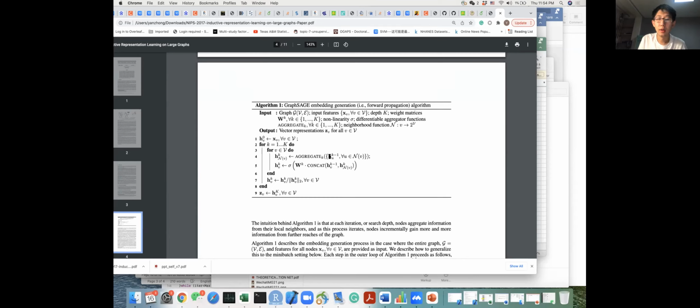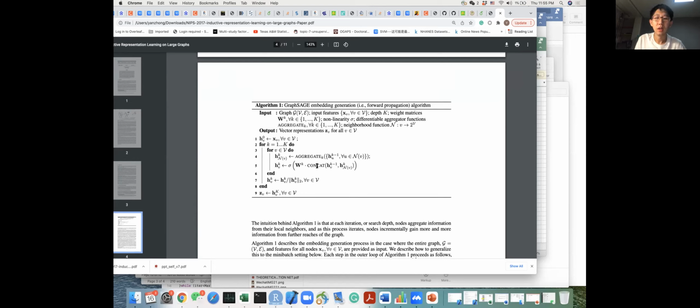Now we want to gather all the neighborhoods of it. If v is the cell we focus on, we want to aggregate the neighborhood information of all h_u^(k-1) to get new features which represent the neighborhood information.